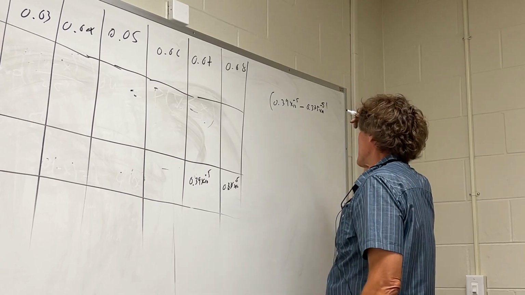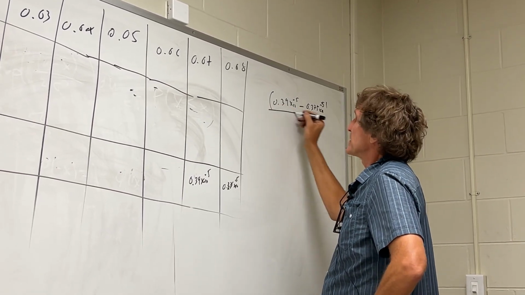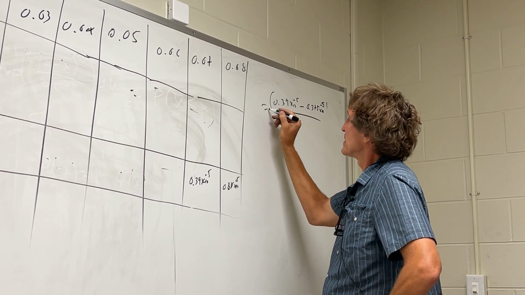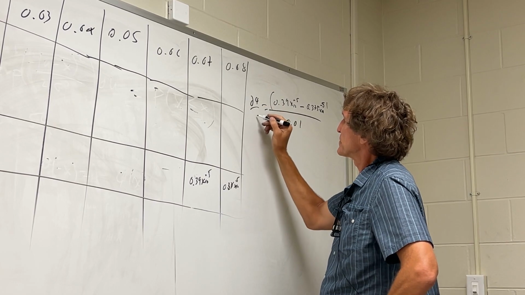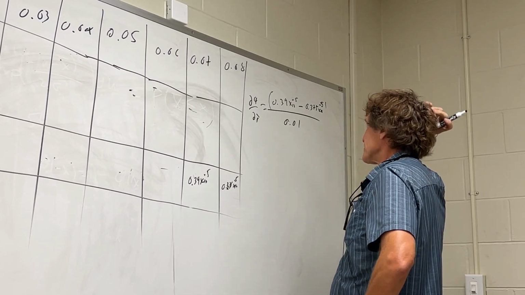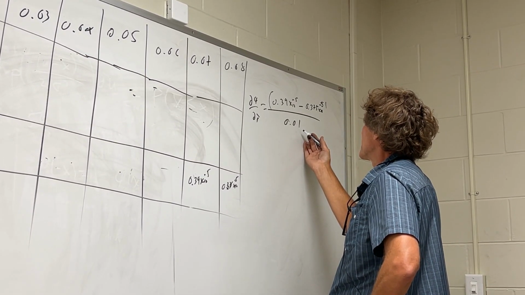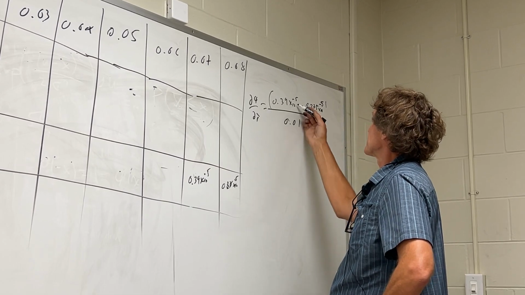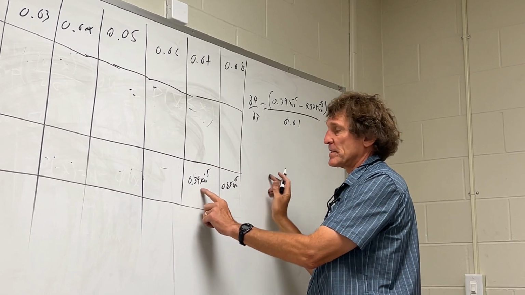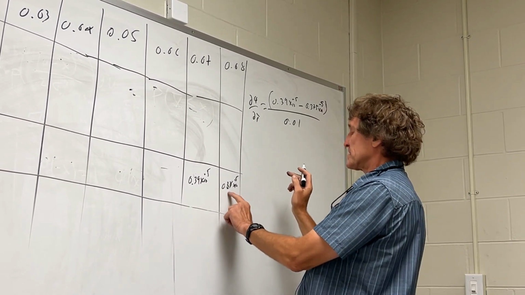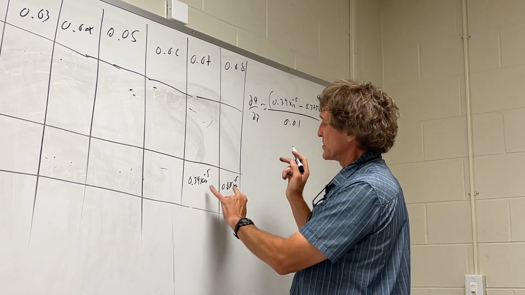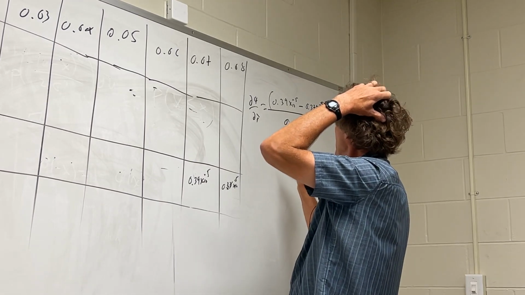If you take that and divide it by the distance here, which is 0.01, now you've got the change of Q with respect to x. This is 10 to the minus 2, so this goes to 10 to the minus 3 on top. Then we take this value and interpolate.